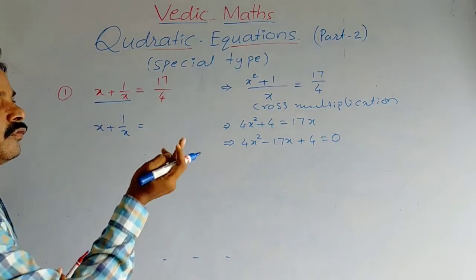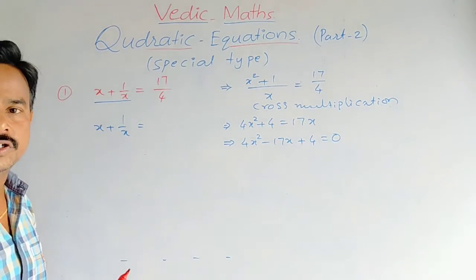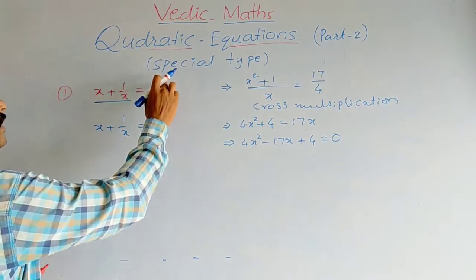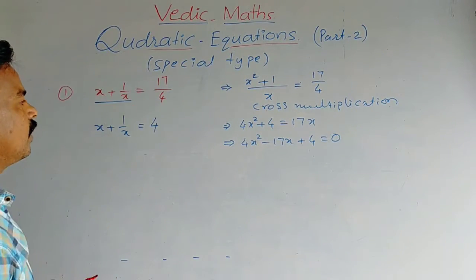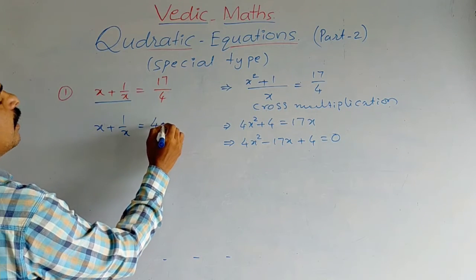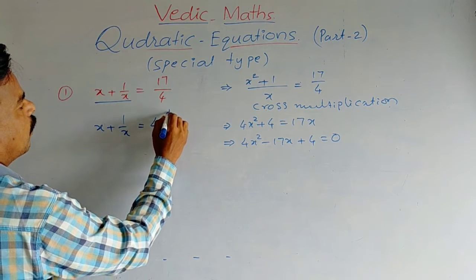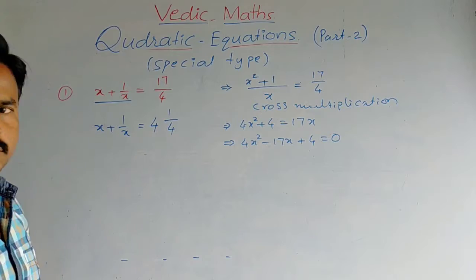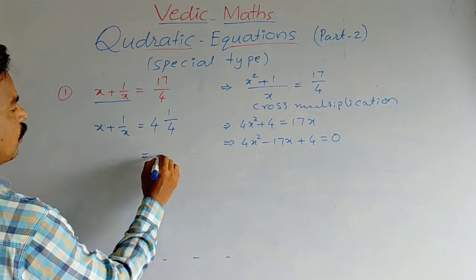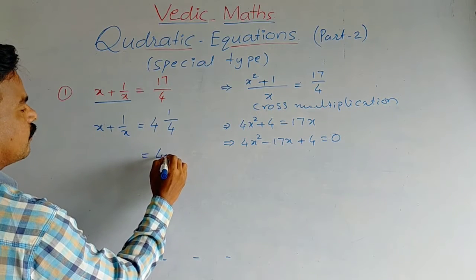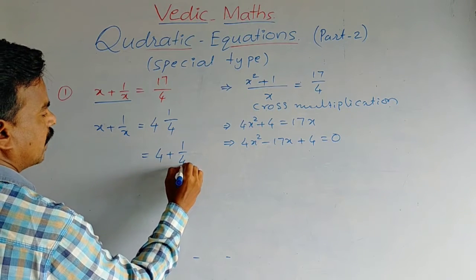We know 4 fours are 16, plus 1 is 17. That's why for 17 by 4 we can write 4 whole 1 by 4, and 4 whole 1 by 4 we can write as 4 plus 1 by 4.